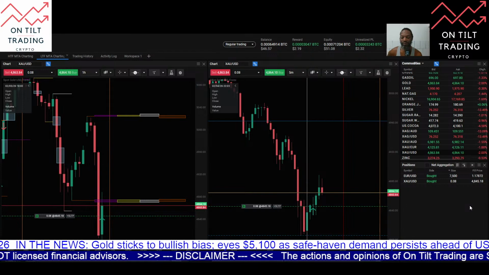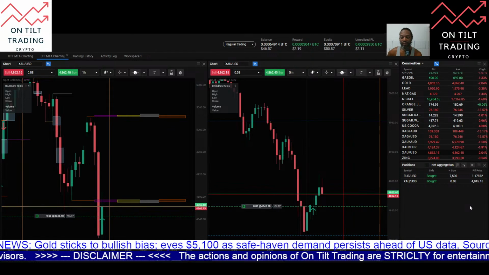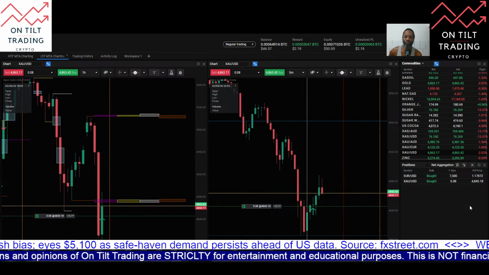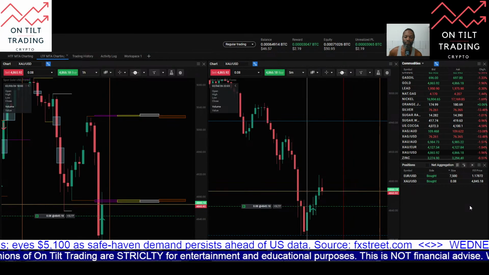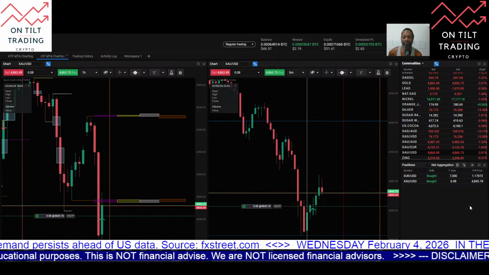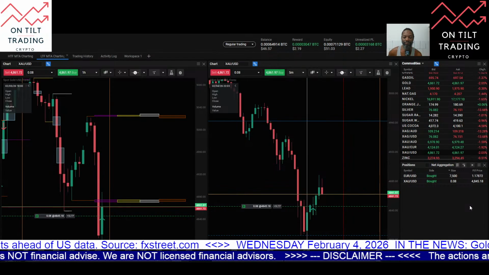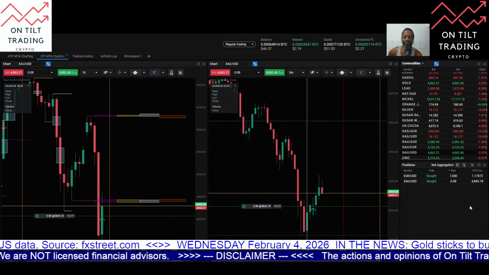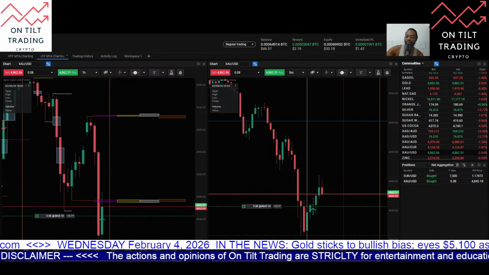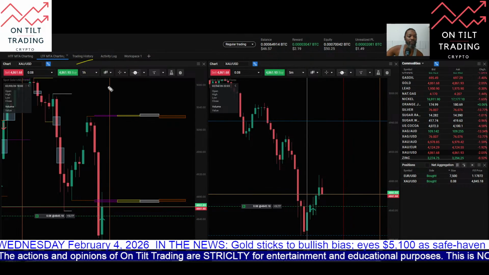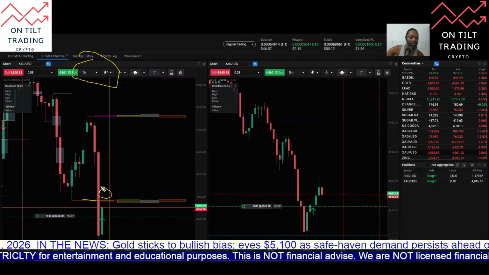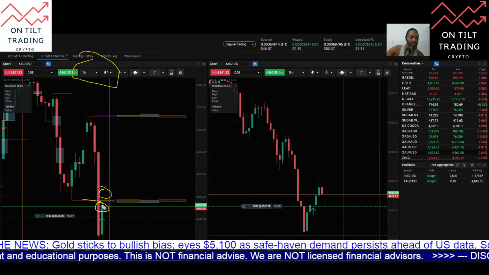Price consolidating here on gold, 48.63, 48.62. $48.67. Price consolidating here. You can see on the 1 hour chart, price has traded back into the range of the New York PM session and the New York AM session.